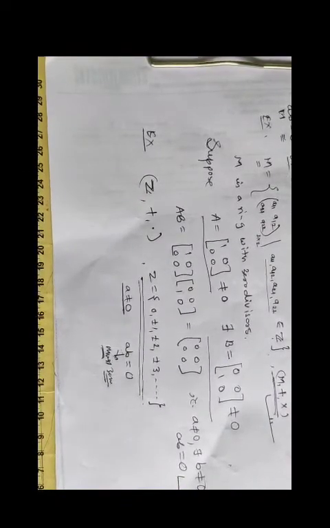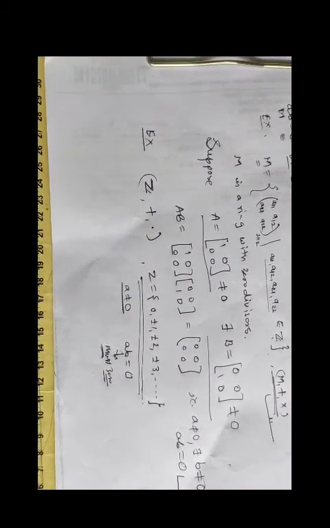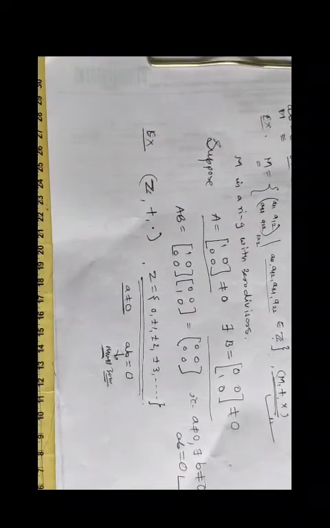But this set of integers Z with addition and multiplication is a ring without a zero divisor, and such a ring which is without a zero divisor is called an integral domain.